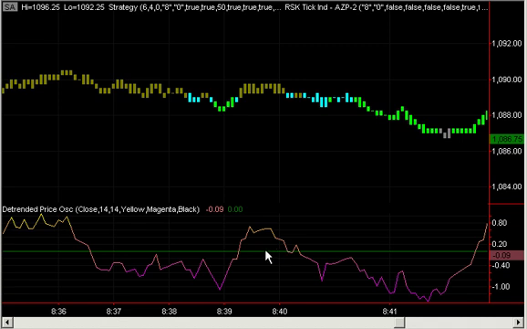We can't go long if the DPO is above the zero line. That would be one way of doing it. So in this case, we could go long here, but we couldn't go short. And we could go short here, but we can't go long. And then we would eliminate a certain measure of whipsawing. That would be one way that we could do that.